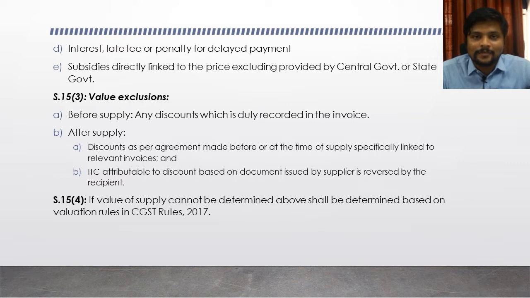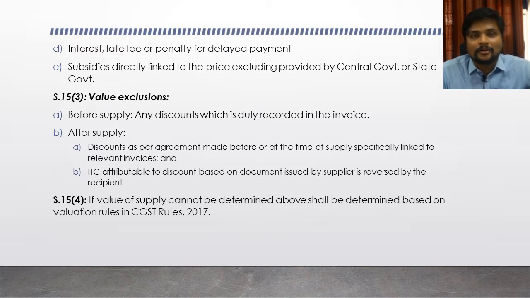But what will happen in the real life scenario? When I charge this ₹100, at that time I will have charged tax on that ₹100. Clear? So when I charge the tax, immediately the recipient of supply is eligible for the input tax credit. Tax on that ₹100 is eligible as input tax credit for the recipient of supply.